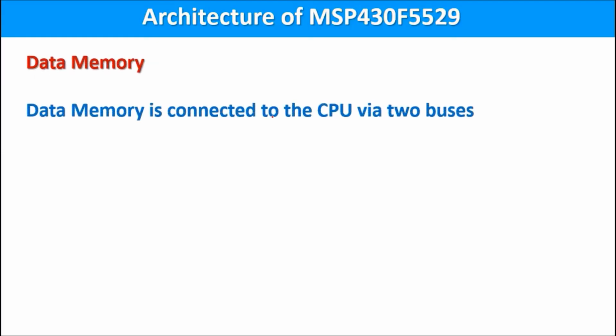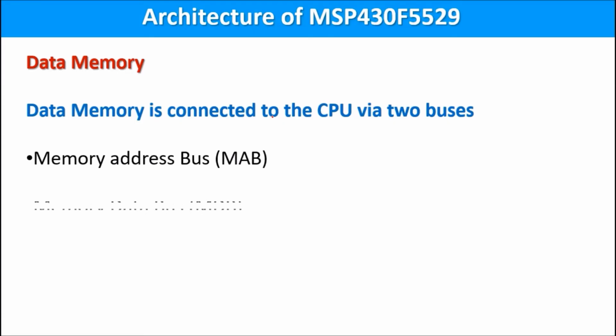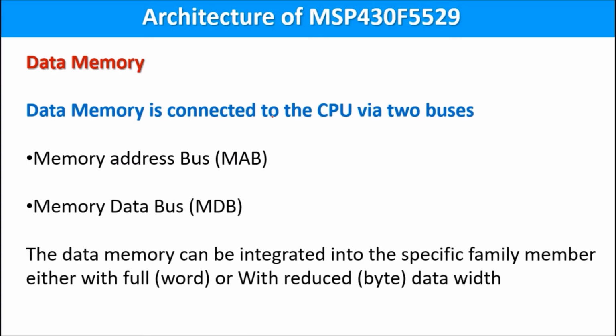The data memory is connected to the CPU via 2 buses that we have seen, the memory address bus, MAB, and the memory data bus, that is MDB. So data memory can be integrated into a specific family member either with full word or with reduced byte data width. So you can transmit or read 8-bit or 16-bit data from memory.